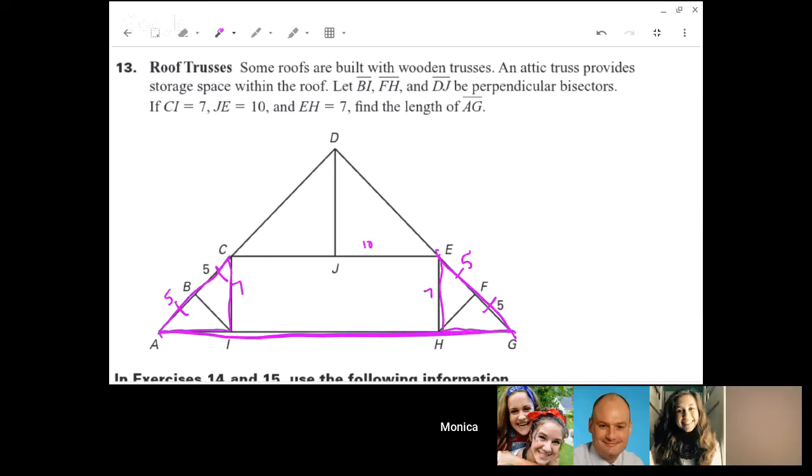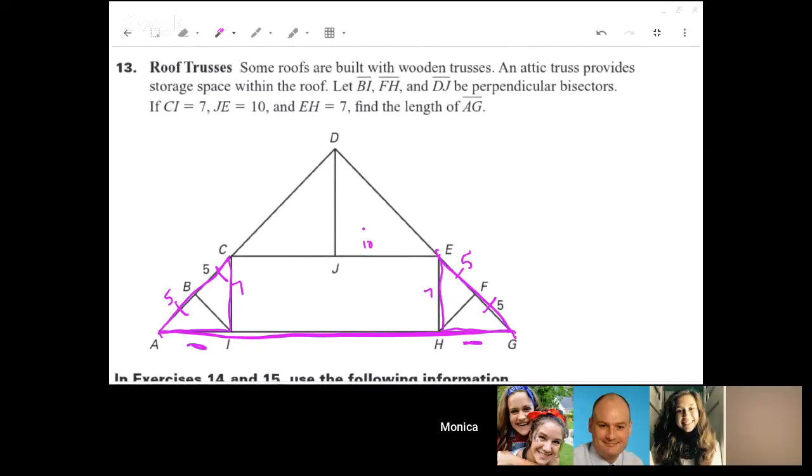So then we have to figure out what this length and this length are. Now, if we know that FH and BI are perpendicular bisectors, then we know that H and I are points that are on the perpendicular bisector.